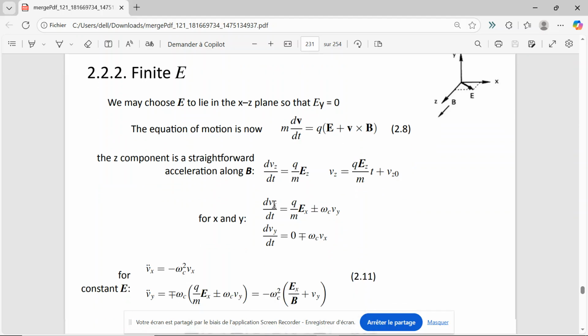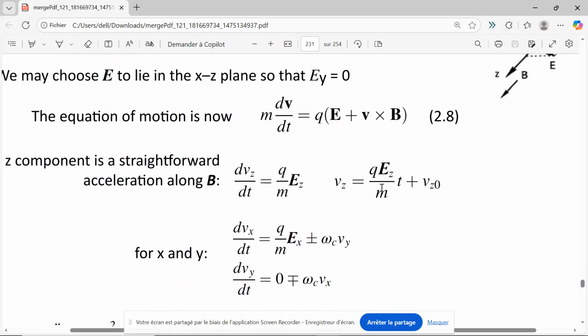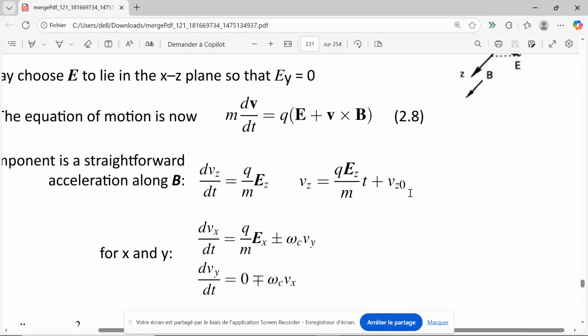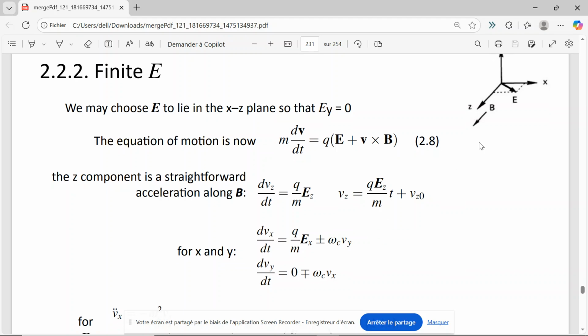Now the main difference is that we have a Vz direction, so it will just continue to turn following the same law, except that we will have another contribution of Ex right here. However, the main difference is that we will just continue to move in the z direction.